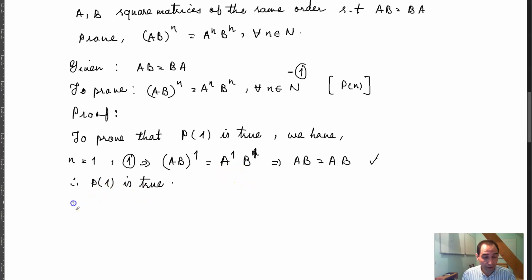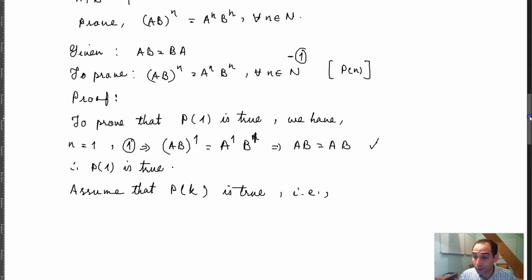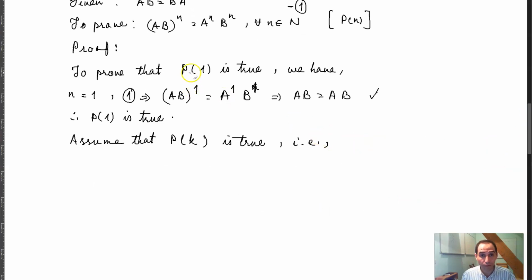Now let's assume that P of k is true. That is, put n equal to k, and 1 becomes (AB) whole raised to the power k is equal to A raised to the power k times B raised to the power k.